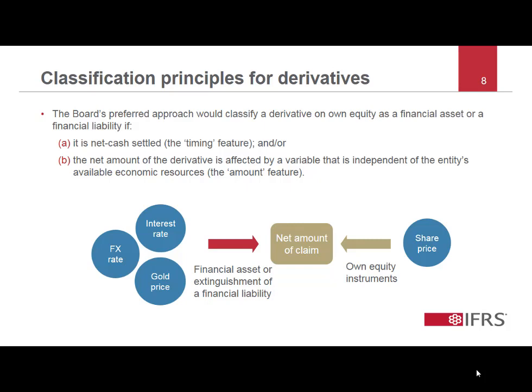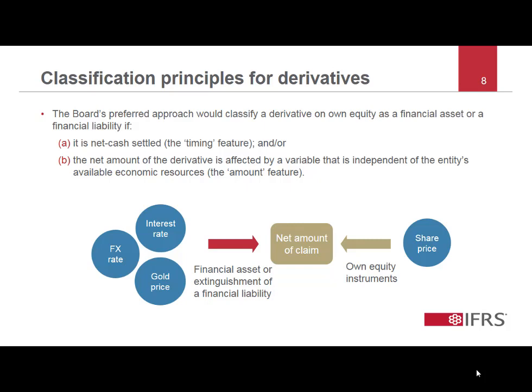The simplest way to think about the amount feature test would be to think about variables that could affect the settlement value or the net amount of a derivative and test if that is affected by any variable other than the entity's own share price. Consider a derivative to deliver a fixed number of shares in exchange for receiving a fixed amount of cash in the entity's functional currency.